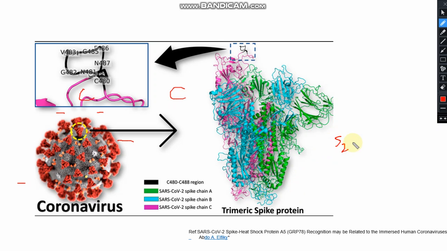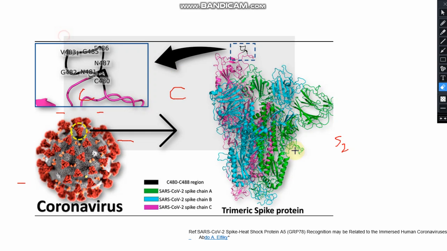In the S2 content, this is the trimeric core, and here there are some important and active amino acid residues that are shown when zoomed in. Here you see around 7: 1, 2, 3, 4, 5, 6, 7. These 7 amino acid residues are responsible for the fusion of the cell membrane. This is the main function of these S2 proteins.